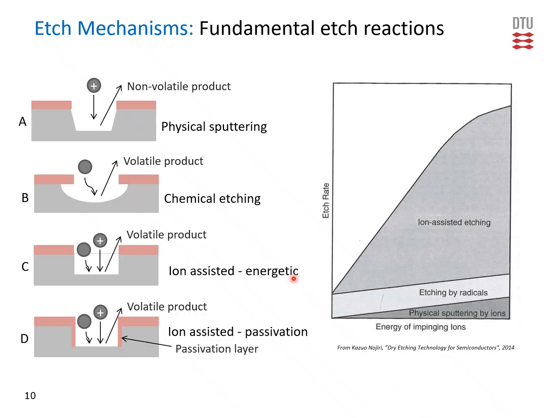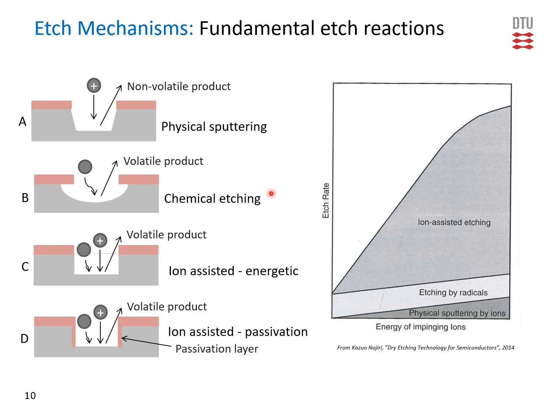I found this graph here that shows the etch rate as a function of the energy of the impinging ions. And this shows the different mechanisms and how they are affected by the energy of the ions. For the first mechanism, the physical sputtering, you can see that if the ion energy is 0, you won't get any etching, and then it will increase linearly with the ion energy.